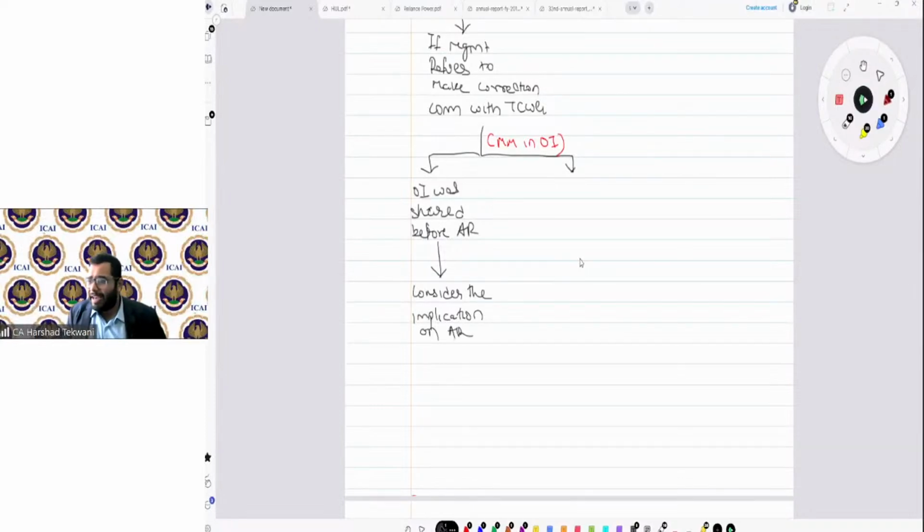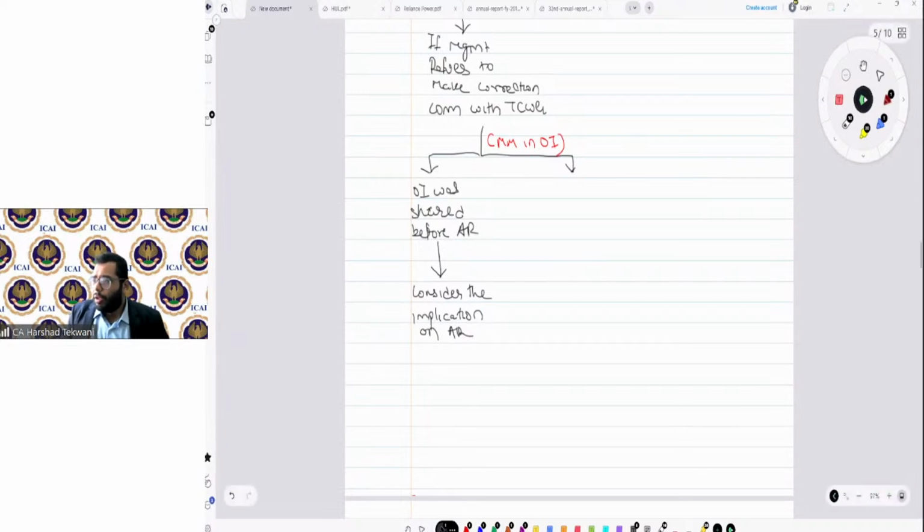How much it is misstated, what is the quantum of misstatement, whether it is not restricted to one item but extends to multiple items, although material, what is the nature of materiality? I could say it's material and pervasive, or only material. So what is the scenario, and how will it impact my auditor's report?